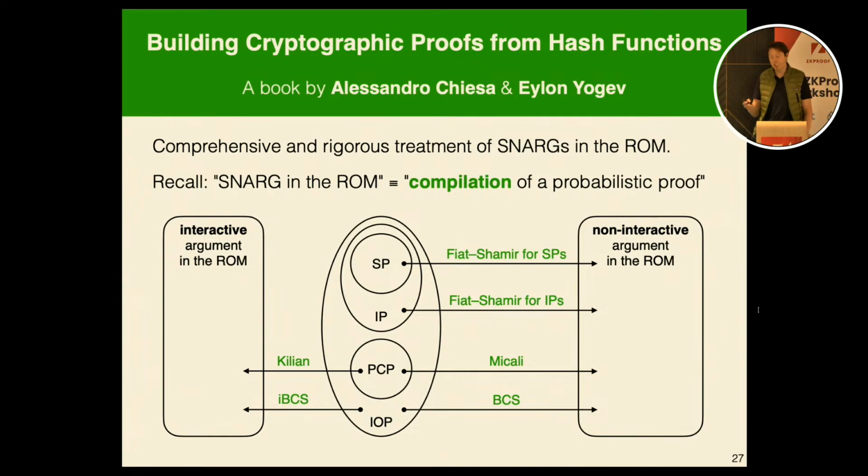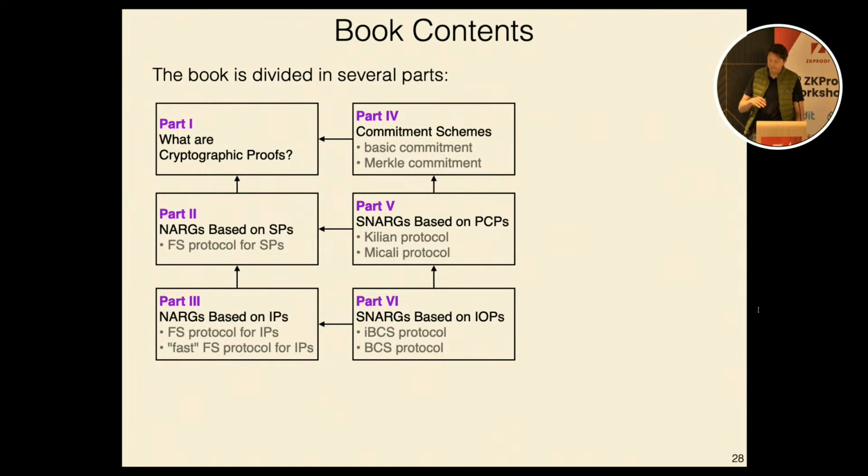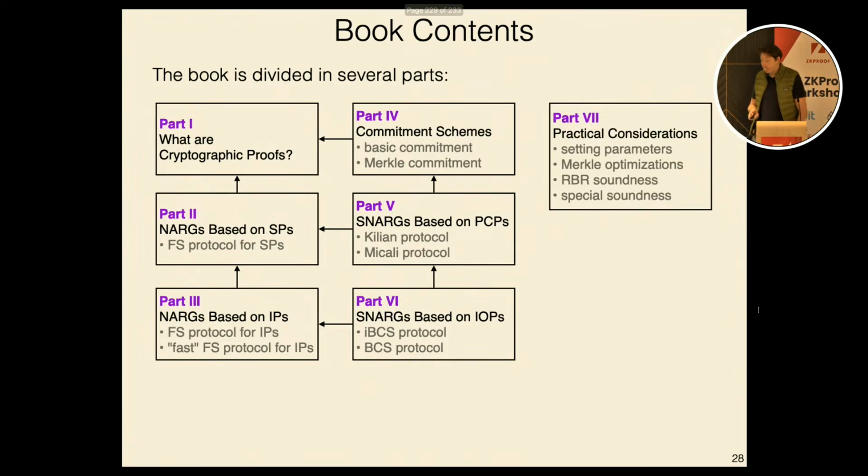Dozens of papers, many of which are on these subjects, but still in this book, there were a number of details and things that were needed, because these things are used in practice and they're underlying real-world systems. We have an entire part just discussing commitment schemes in the random oracle model, like Merkle trees. We also have a whole part on Merkle tree optimizations.